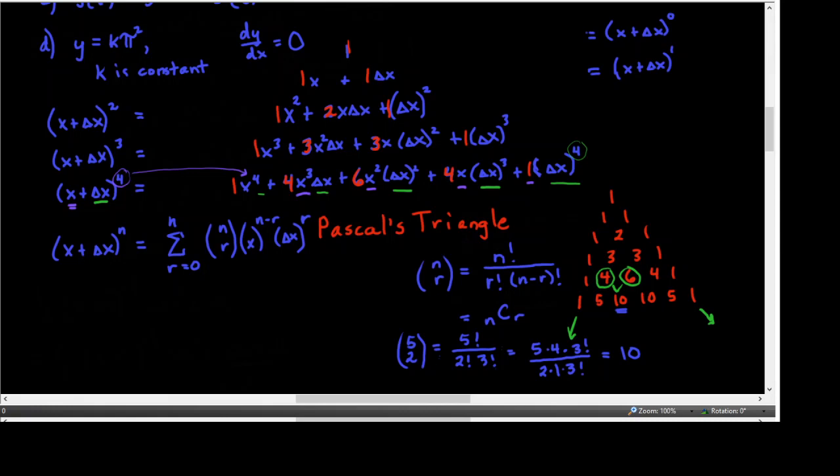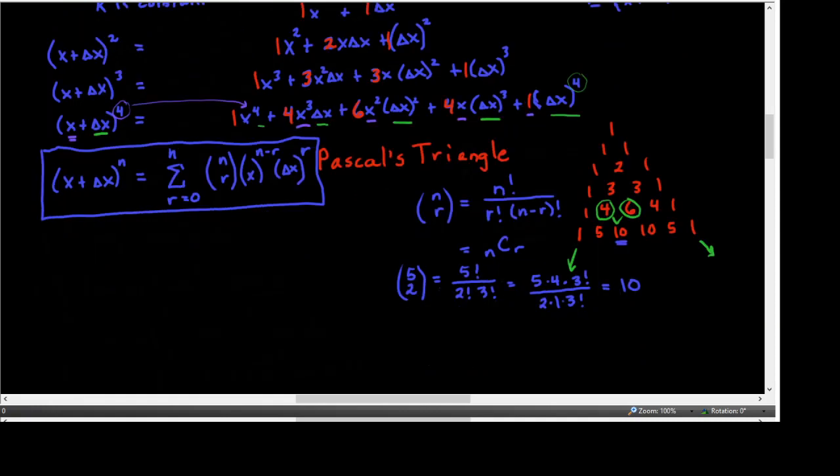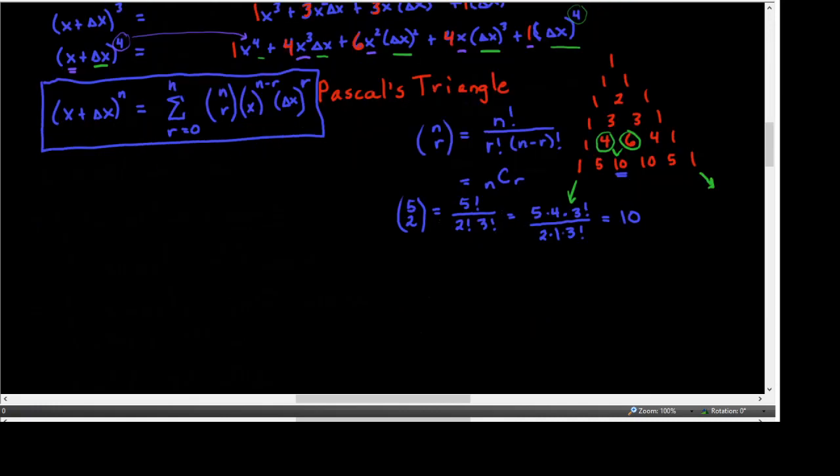So this is again what we call the binomial theorem. So a little bit of pre-calculus review. I hope you've heard this before. If not, I hope that was enough of an explanation for you to understand enough of it to proceed.